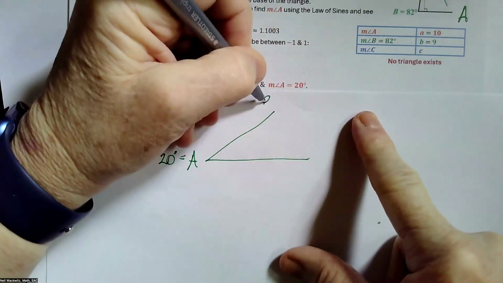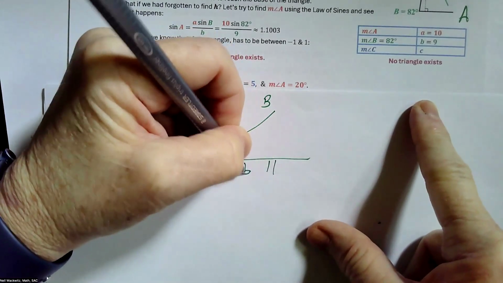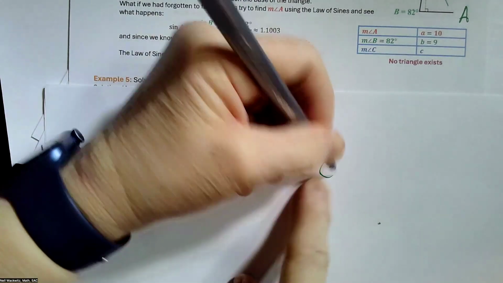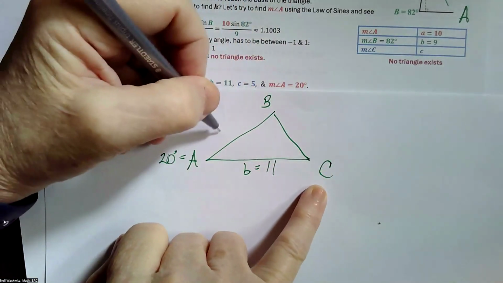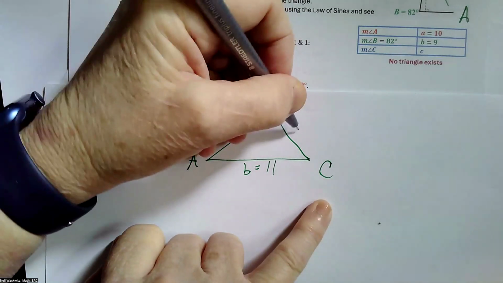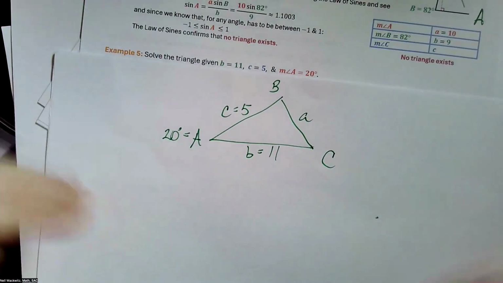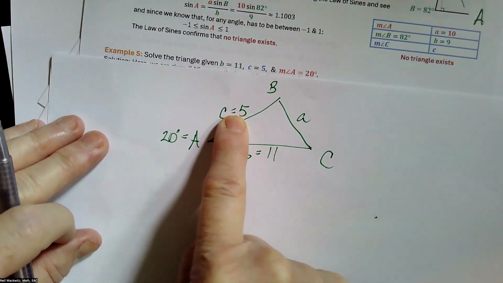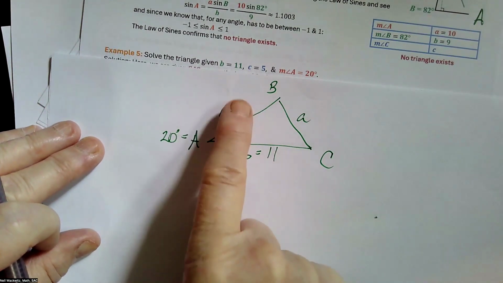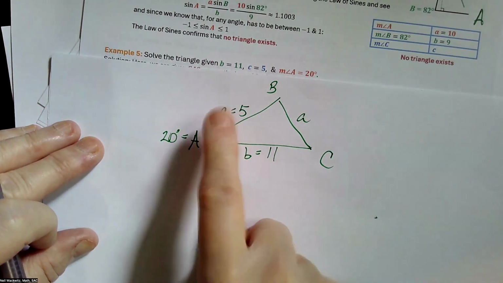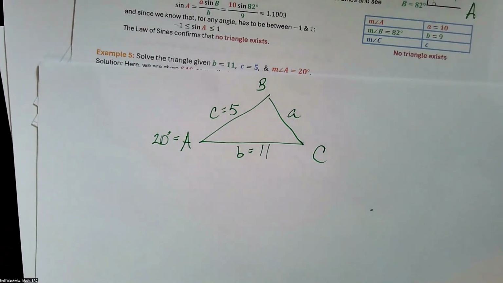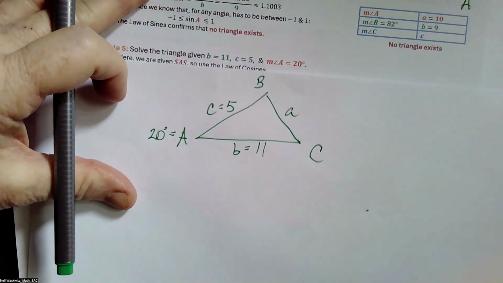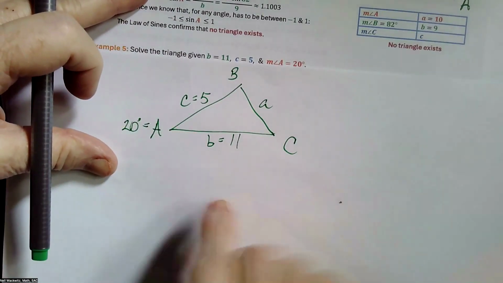Let's put B up here so that little b is 11, little c is opposite angle C equals 5, and here's little a. And you can see that the scale of my drawing is not right because side C should be smaller than side B. B is bigger than C, but it doesn't matter what your drawing looks like unless you rely on your drawing to get correct values. So be very careful about that.